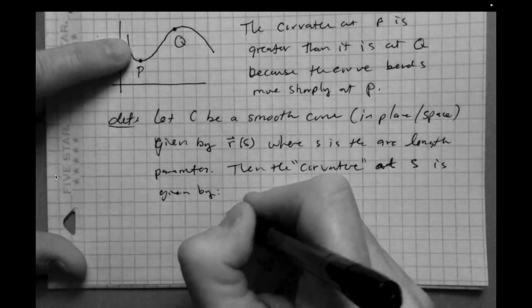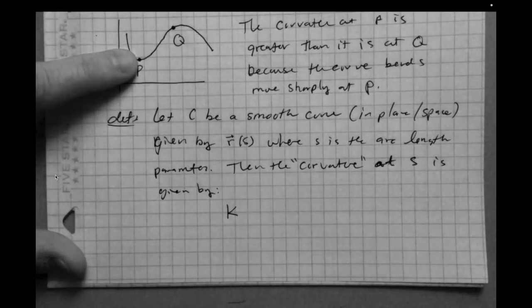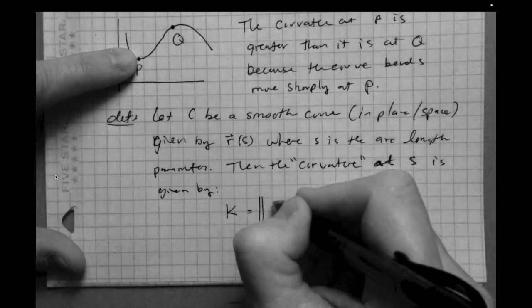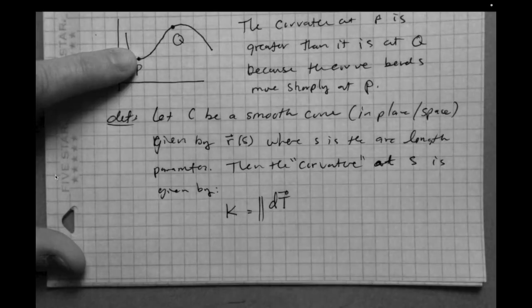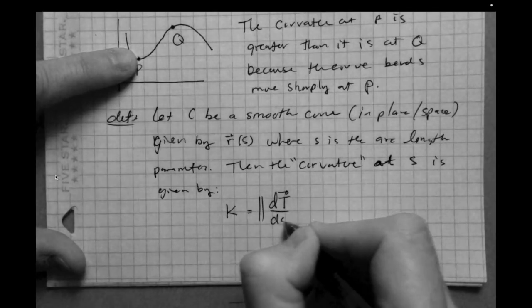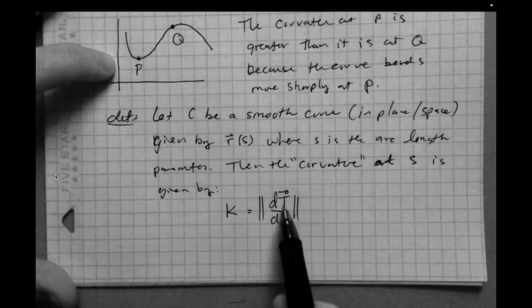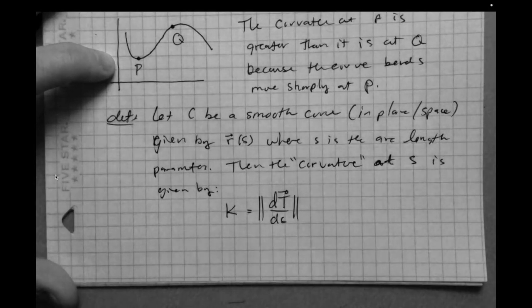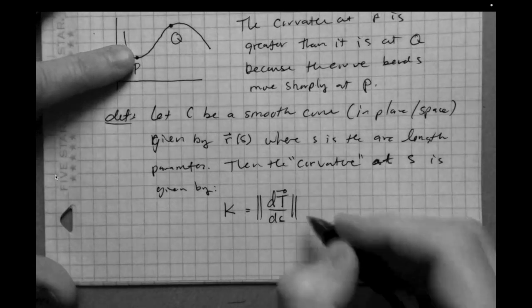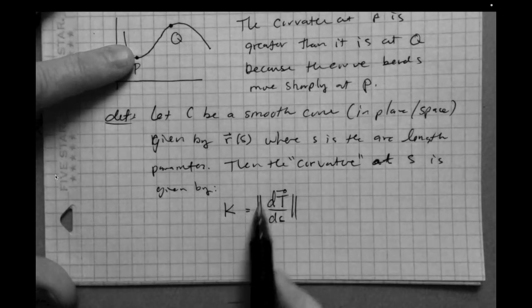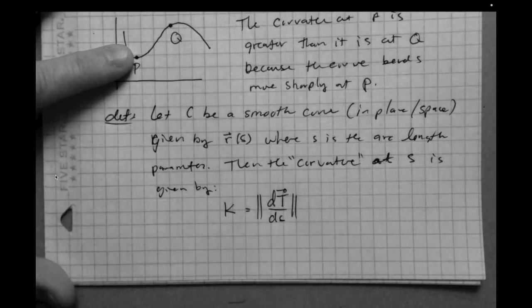how do we calculate it? It's denoted with a K, and it's equal to the norm of dT/ds. Now what is this T? Remember, this is the unit tangent vector. So the curvature is the norm of the derivative of the unit tangent vector.